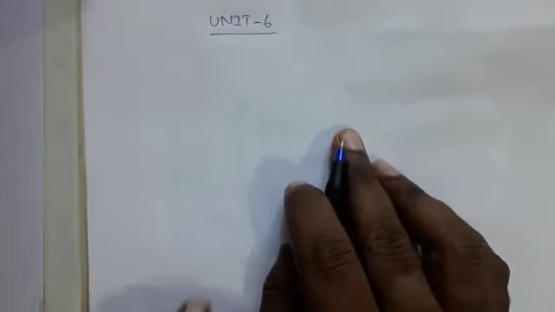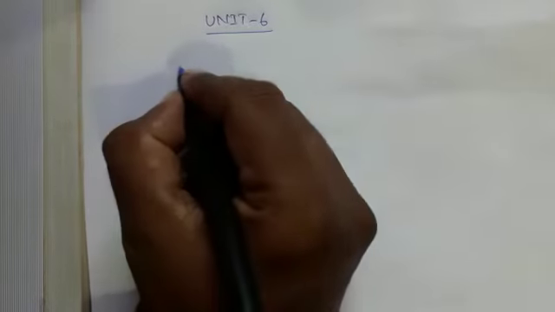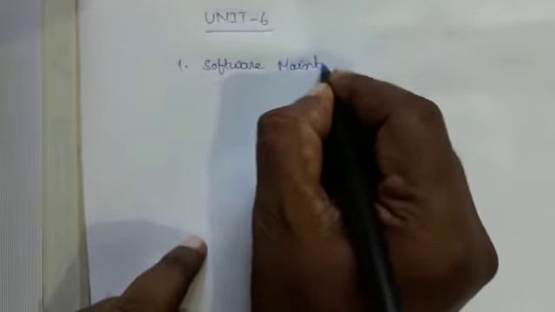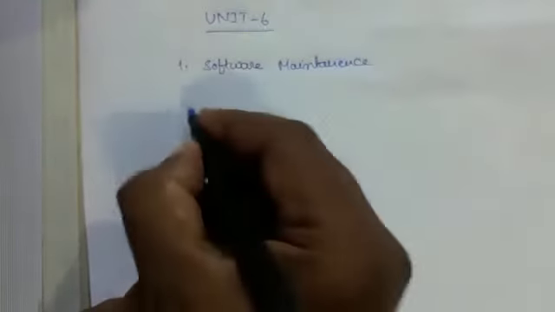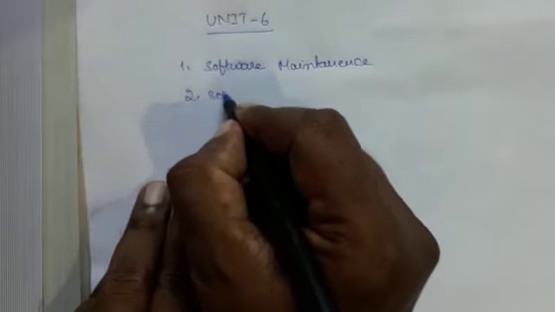Today I am discussing Unit 6 in Software Engineering. Totally there are 6 topics in Unit 6. First one is software maintenance. Second one is software maintenance process models.